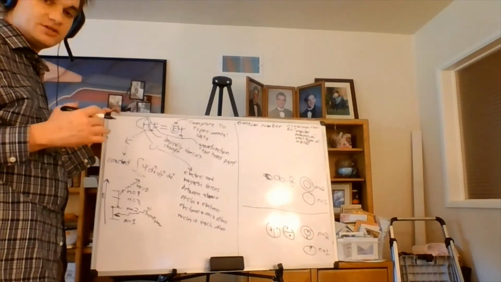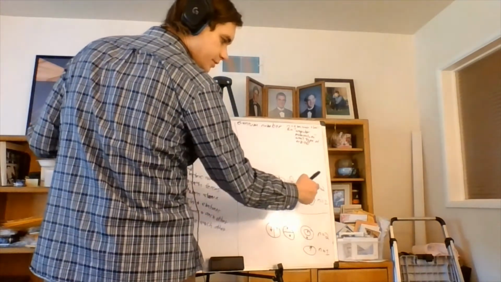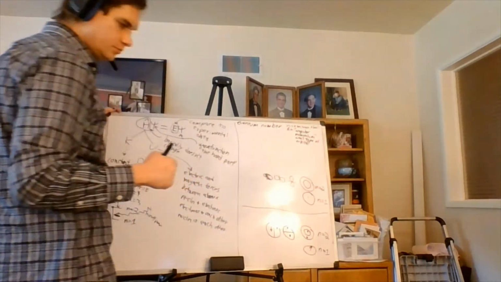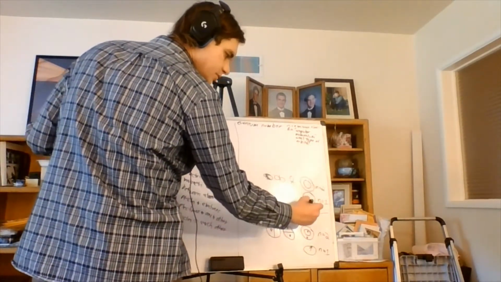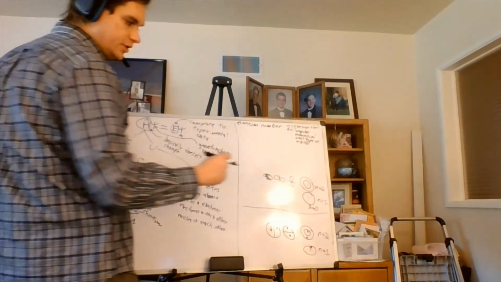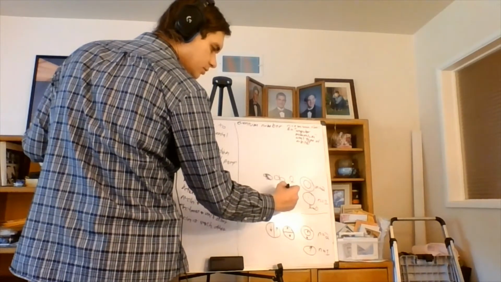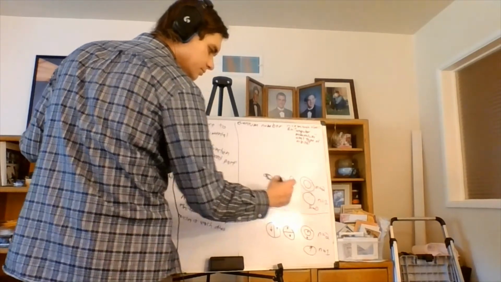We can think of it as the shape of the orbital. So this is n equals 1. All of these are n equals 2. Both of those are L equals 0. And all three of these are L equals 1.